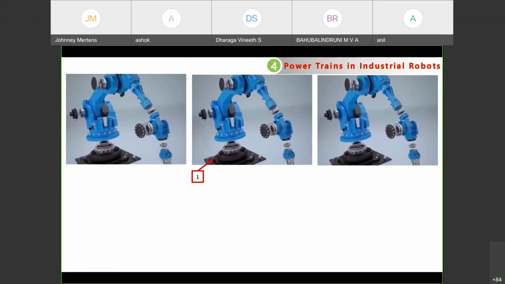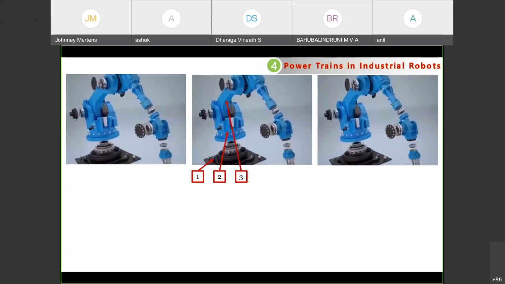Here you can see this black color link, the fixed link, which I am naming 1. Next, this is the second link. The second link is connected to the black fixed link, and rotation, the turning motion, happens on the second link based on the vertical axis. Again, this is the third link.